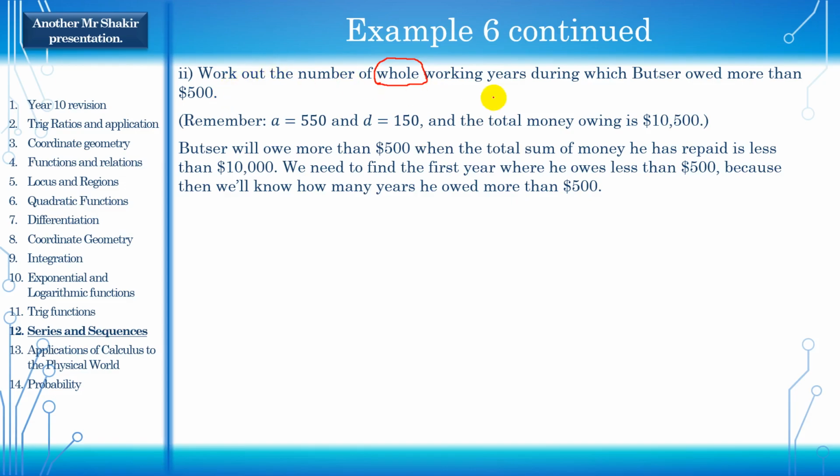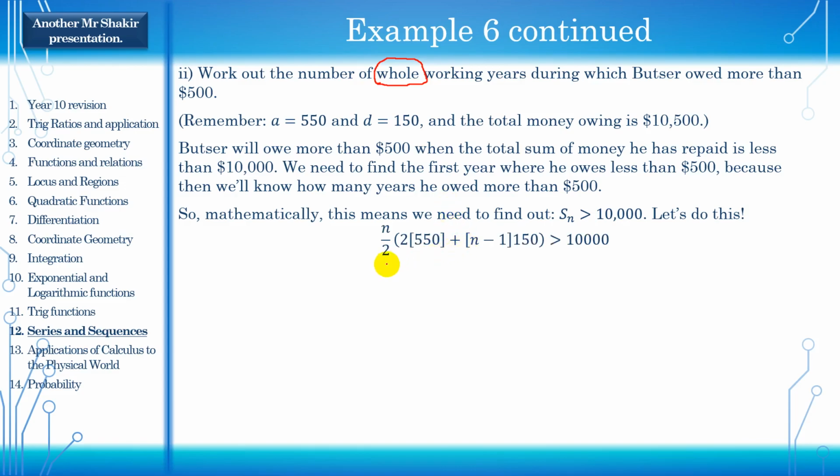So we need to find the first year where he owes less than 500, right? Because then we'll know how many years he owed more than 500. So that might be a bit confusing. Just think about it. But basically, the equation I've made is this: S7 has to be more than 10,000. We're going to find when the sum of all of his repayments equals more than 10,000.